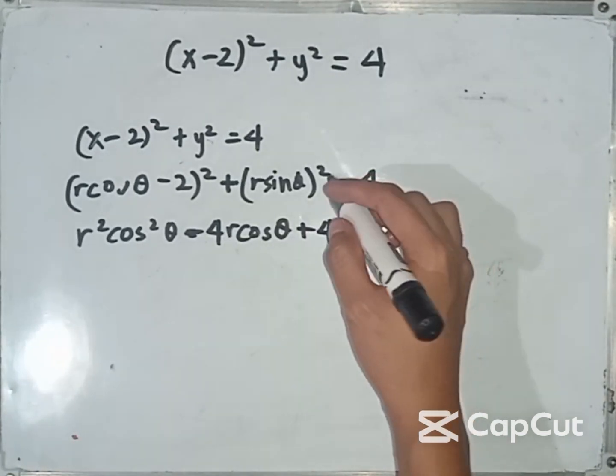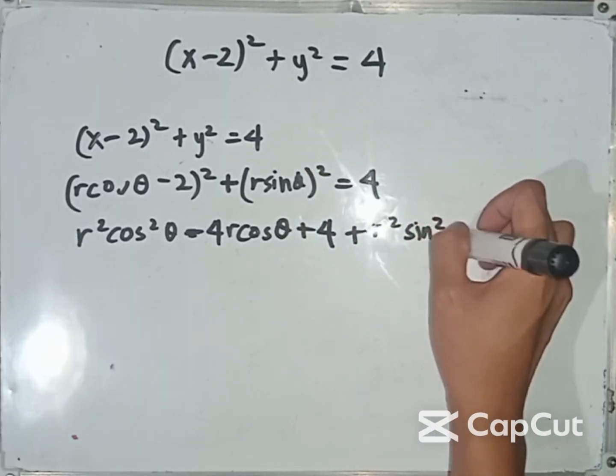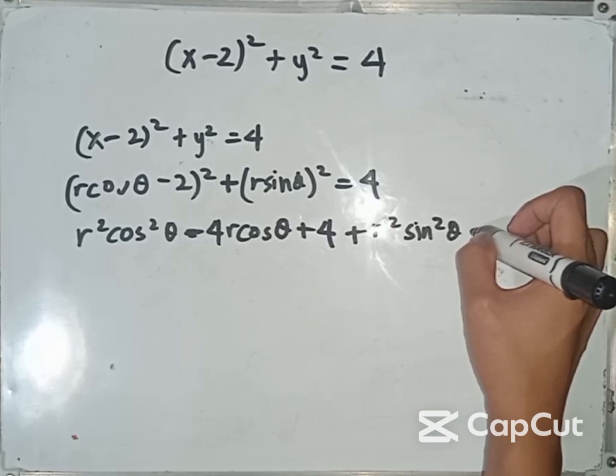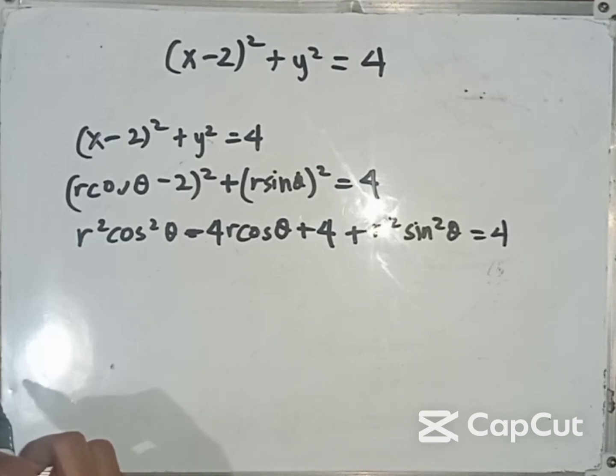So we applied the perfect square trinomial form, and let's distribute also the (r sine theta) squared, which gives r squared sine squared theta, is equal to 4.